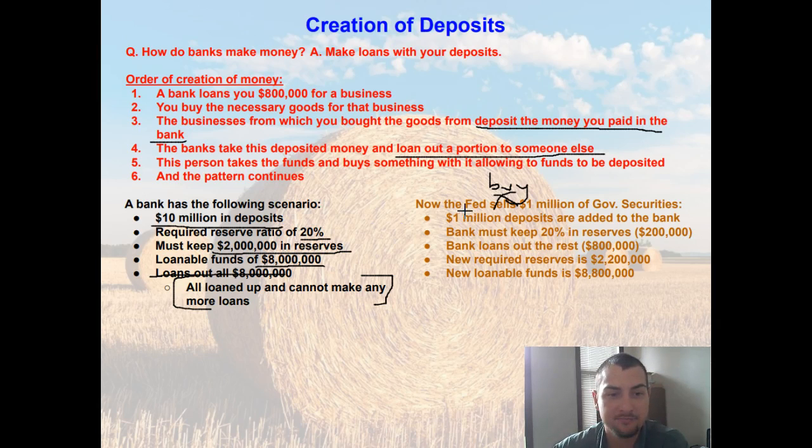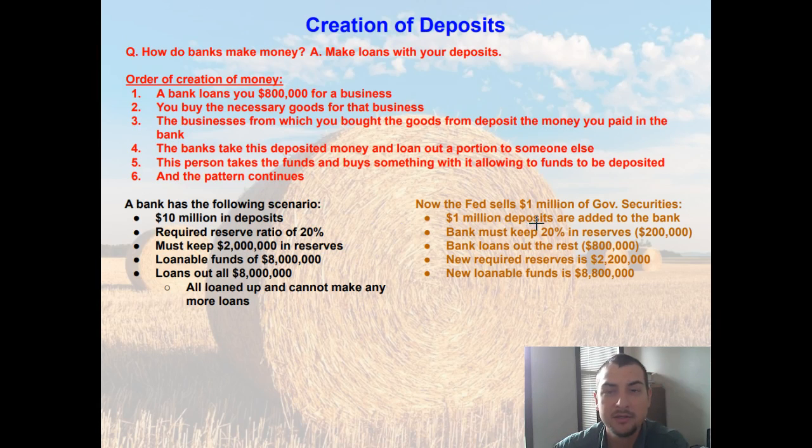So the Fed is buying $1 million of government securities, and they're paying the citizens. The citizens take the money they just got paid for those government securities and put it in the bank, so $1 million of deposits are added to the banks.